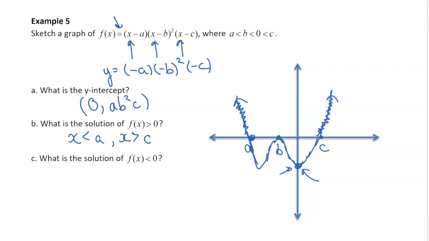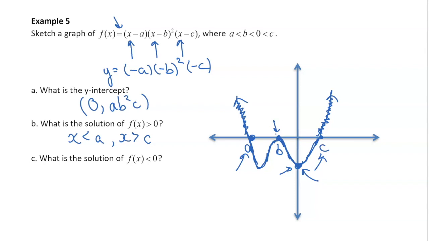And then the final question says, when is your function less than 0? And so when is it below the x-axis? Well, you can say this a couple ways, but I think the easiest way to say it would be it's everything between the a and the c value. It's always below the x-axis between a and c, except when it hits b.